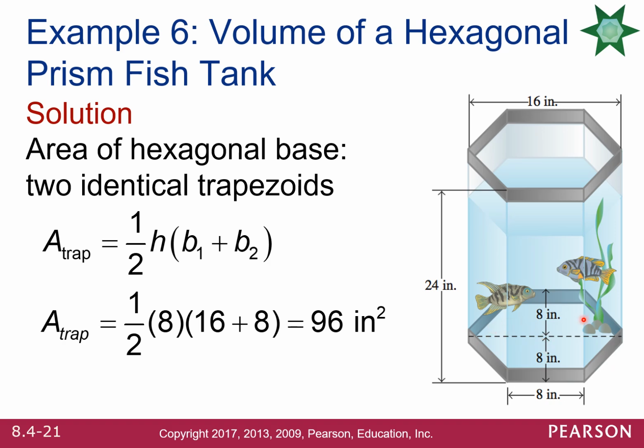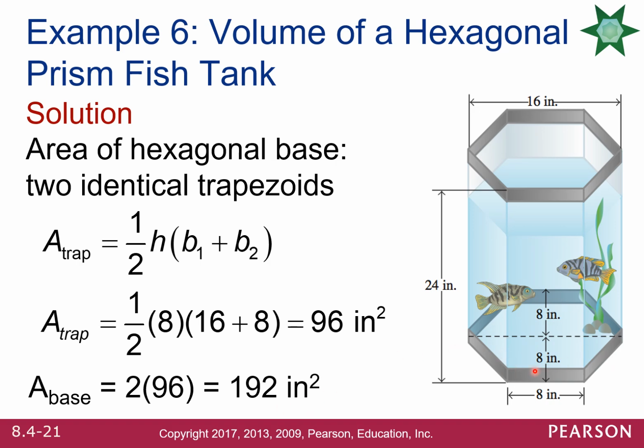So that is the area of just this top trapezoid. So we have to find the area of the bottom trapezoid, which will be the same as the top trapezoid. That's why we will just multiply the 96 by 2 to get the area of the entire hexagon. So that's what they do here. It's 2 times the 96 square inch, which gives us a value of 192 square inch.